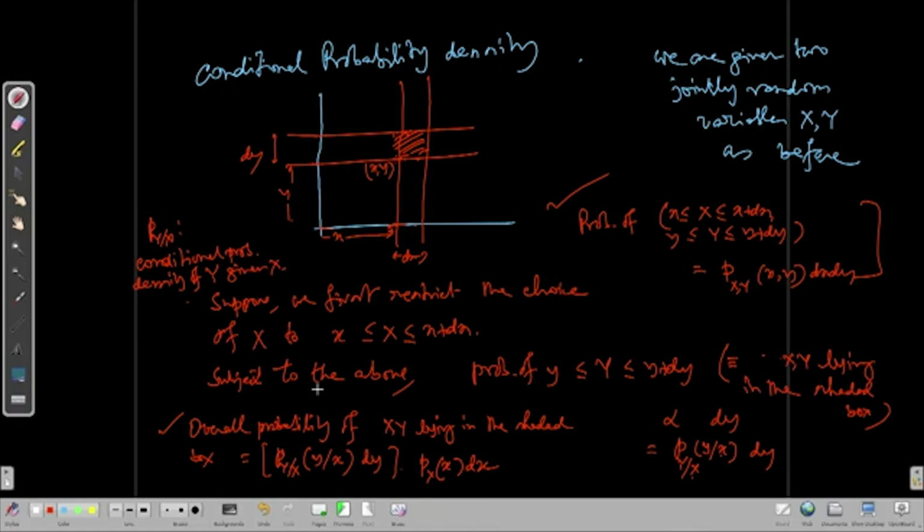So, if you now equate the two, dy dx, dy dx, they are common. So, take them out. So, that means joint density, let me write in the next page. This joint density is this into this.